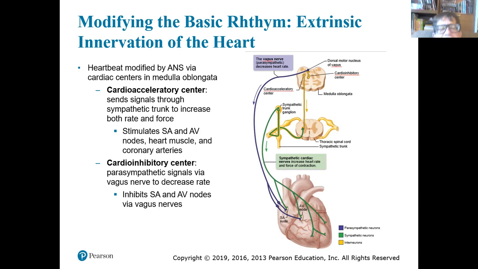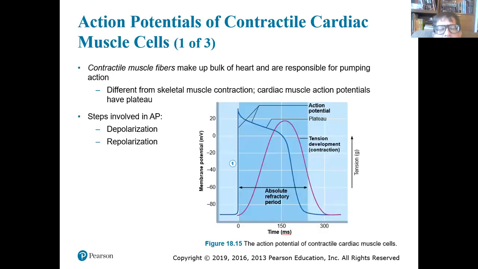We're using the sympathetic trunk. Remember, your sympathetic nervous system is your fight or flight. That's when you think, oh wow, we need to speed this up. We need more blood to the brain. We need more blood to the muscles. So you tell both the SA node and the AV node to get to it and do their job faster.